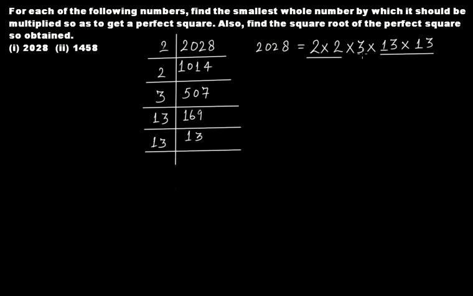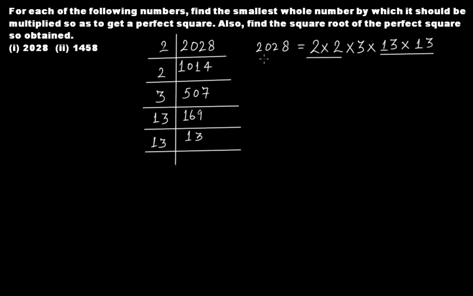It means that if I have to make this number a square number by multiplying something to it, think that if I make this 3 the pair of the other 3, then this will become a square number. So okay, let's do this.